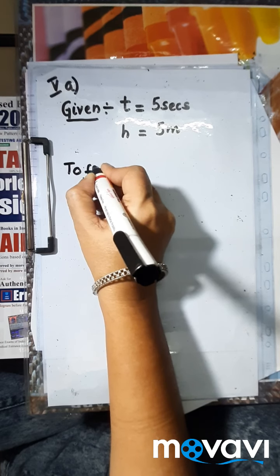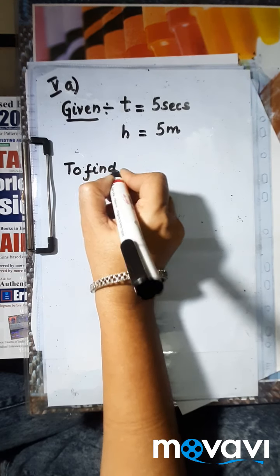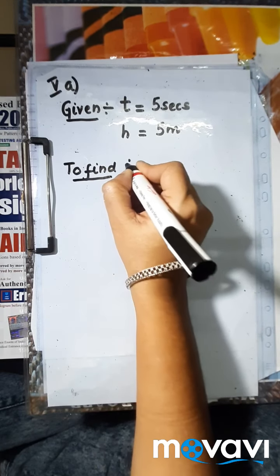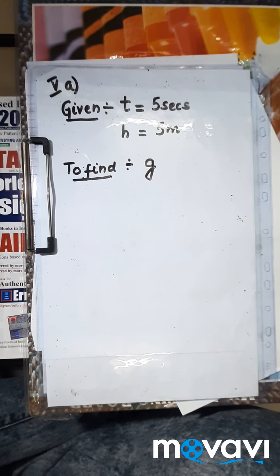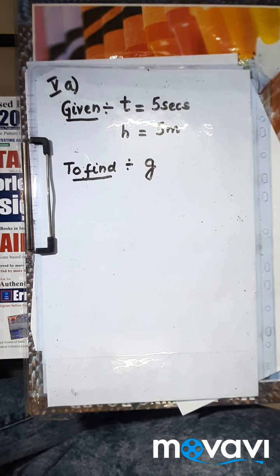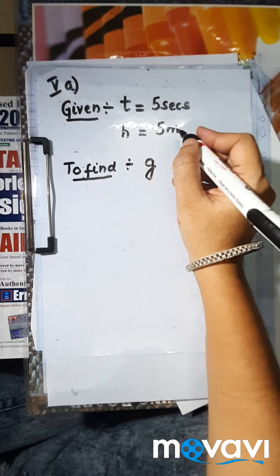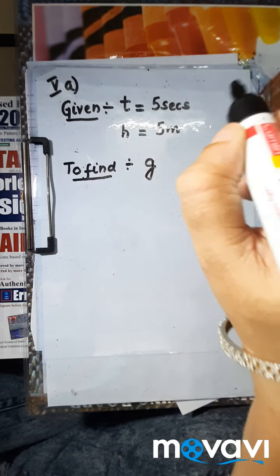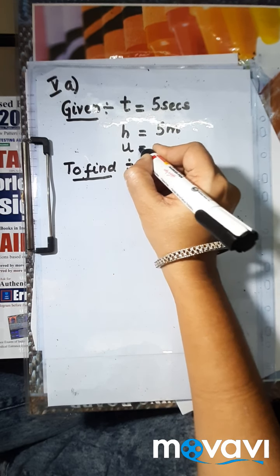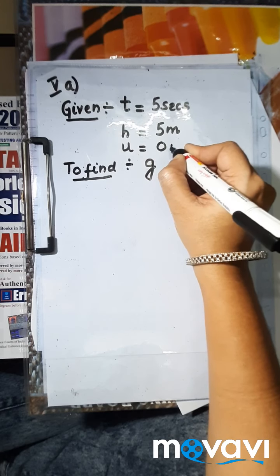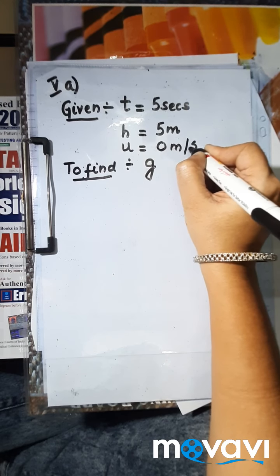So to find my value of G, now please understand before we go ahead. An object takes 5 seconds to reach the ground. So it is going from top to bottom, right? So in that case, my U is equal to 0 meter per second.